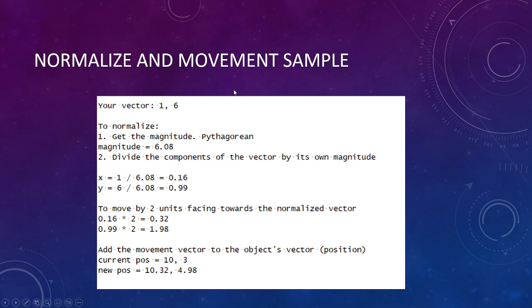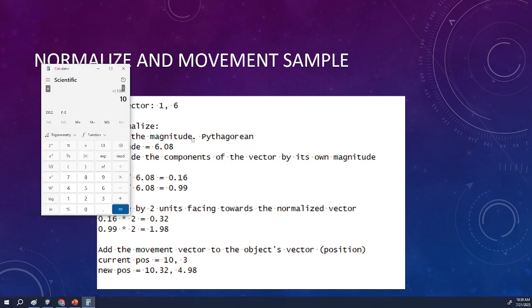Another one, normalize and movement sample. So to normalize our vector of, let's say, where we want to go, again, it is the square root of 1 squared plus 6 squared.